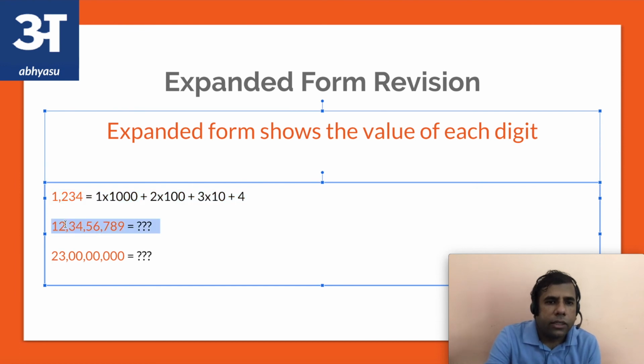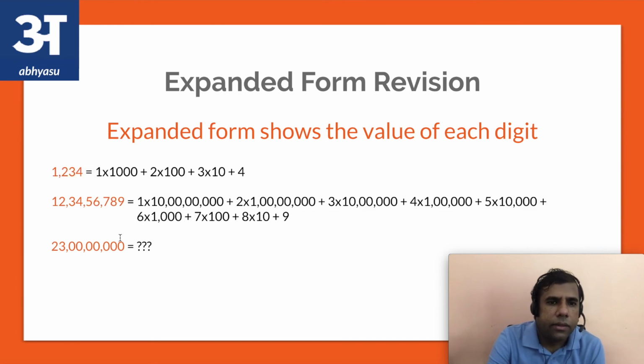Now let's look at a larger number. 12 crore 34 lakh 56,789. What is that? Its expanded form is going to be 1 multiplied by 10 crore plus 2 multiplied by 1 crore plus 3 multiplied by 10 lakh plus 4 multiplied by 1 lakh plus 5 multiplied by 10,000 plus 6 multiplied by 1000 plus 7 multiplied by 100 plus 8 multiplied by 10 plus 9.